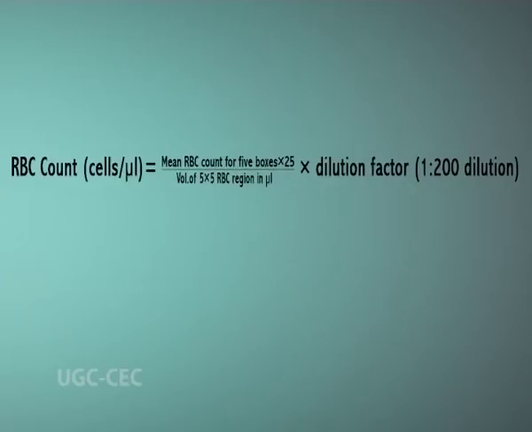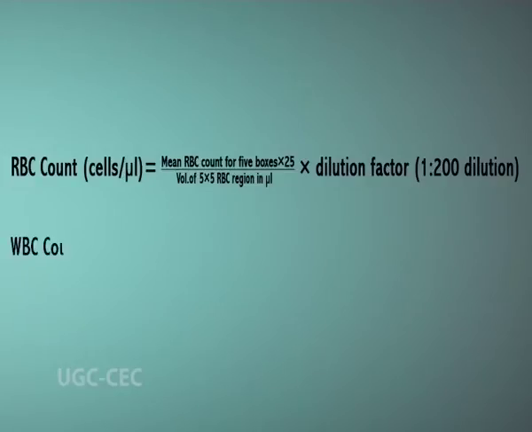Therefore, RBC count, that is cells per microliter of blood, equals mean RBC count for 5 boxes times 25, divided by the volume of the 5 by 5 RBC region in microliters, multiplied by the dilution factor, that is 1:200.